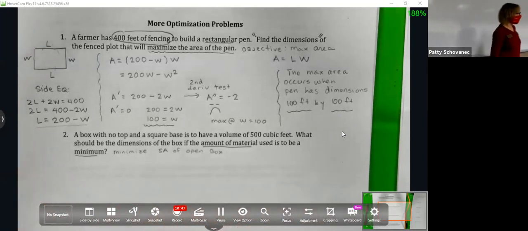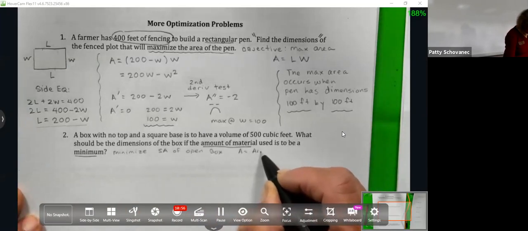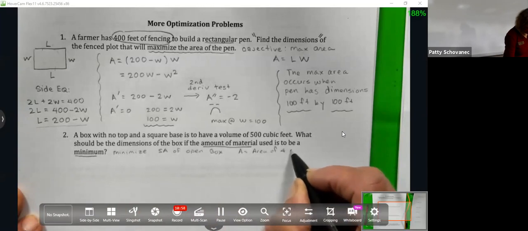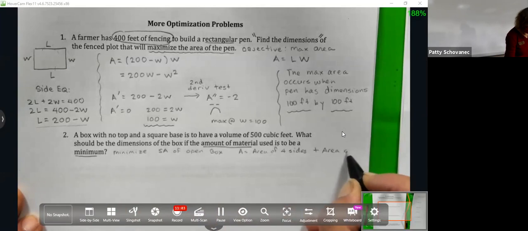So if the box is open, then the surfaces that are left are the four sides and the bottom. So our area is going to be the area of the four sides plus the area of the bottom.